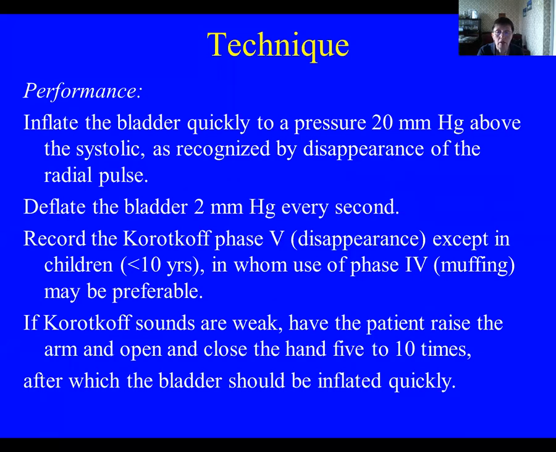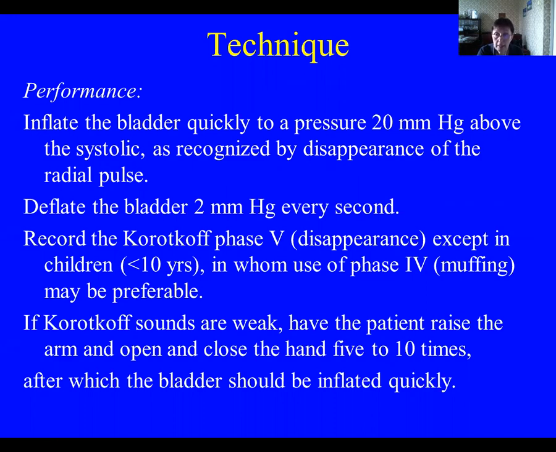Well, so performance. You should inflate the bladder quickly to a pressure 20 millimeters above the systolic pressure that was recognized by the disappearance of the radial pulse. So when you inflate the cuff, you use the pulse, radial or brachial.